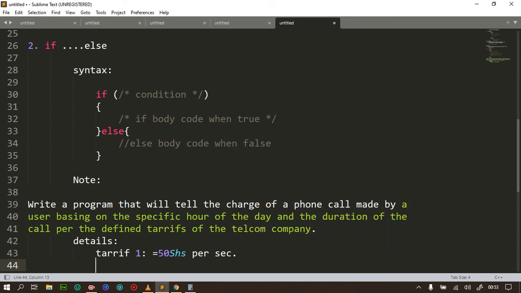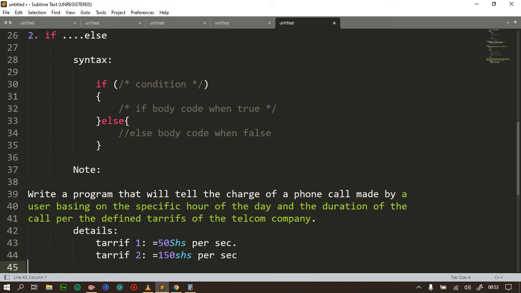Then we have tariff 2. Tariff 2 is going to be 150 shillings per second. Now, when should we charge tariff 1?